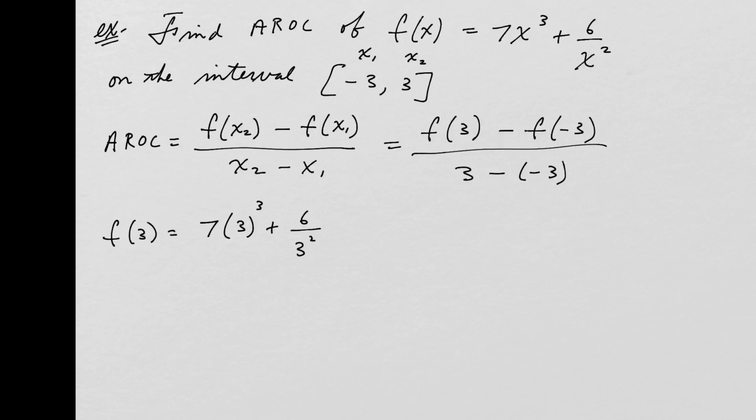Well, this turns out to be 7 times 3 cubed. 3 cubed is 27, and 7 times 27 turns out to be 189. Plus 6 over 9, since 3 squared is 9. 6 over 9 is the same as 2/3.